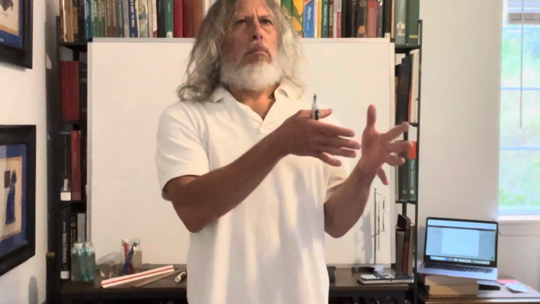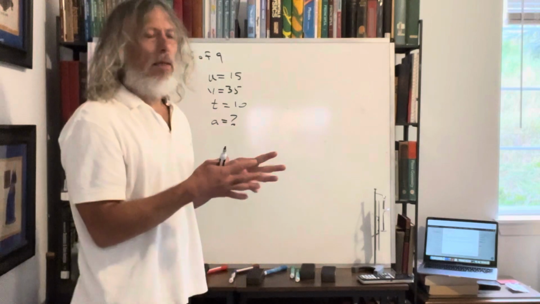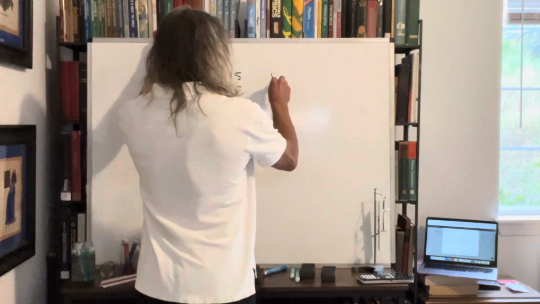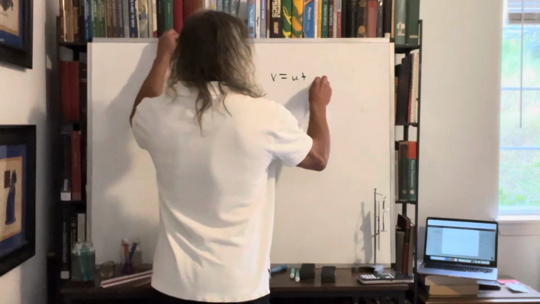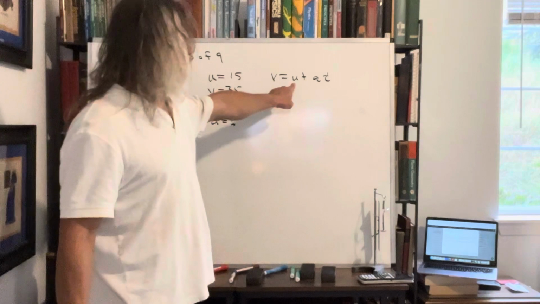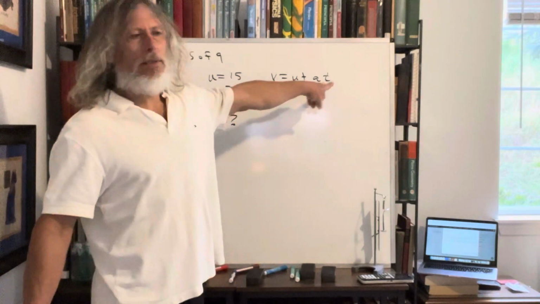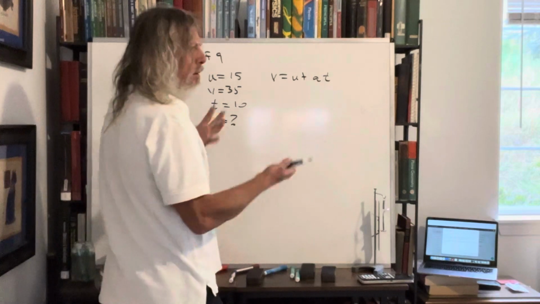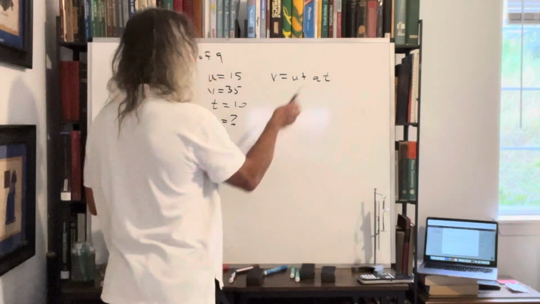Formula sheet, booklet thingy, look for the equation. We see we use this one, because your final velocity is your initial plus how much total it changes. Okay? Know that, in terms of words in the real world, and we put math to it.